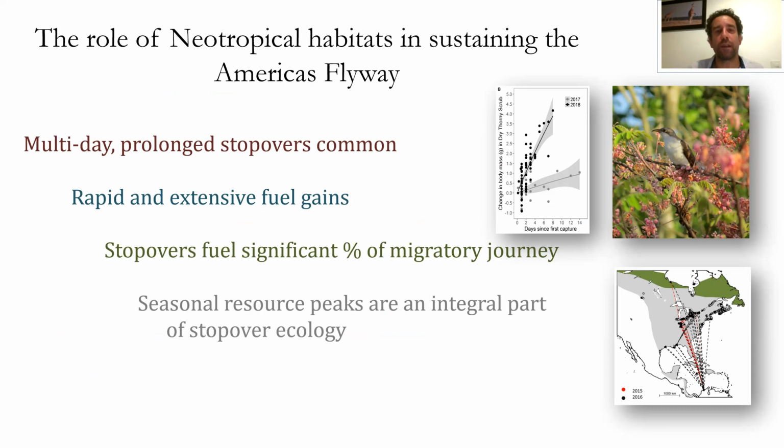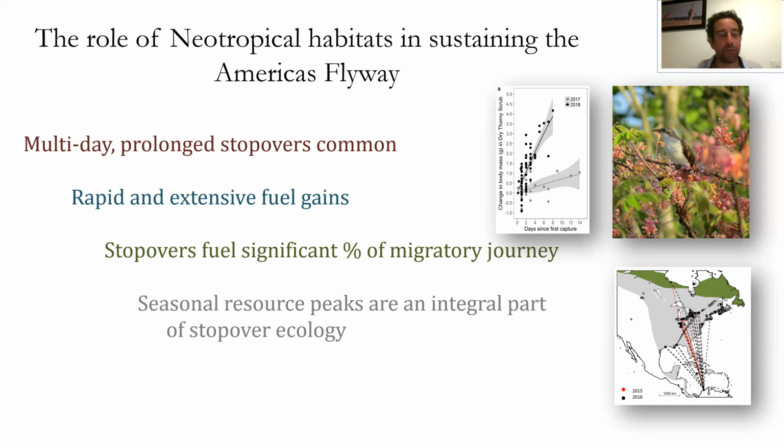So I've run through a lot of information. I just want to leave you with some of the take-home messages from this body of work. So the first is that these multi-day prolonged stopovers seem to be common, seem to be the main strategy in many species in the Neotropical region, and that they are used for rapid and extensive fuel gains, which enable birds to fuel a significant proportion of their migratory journey.